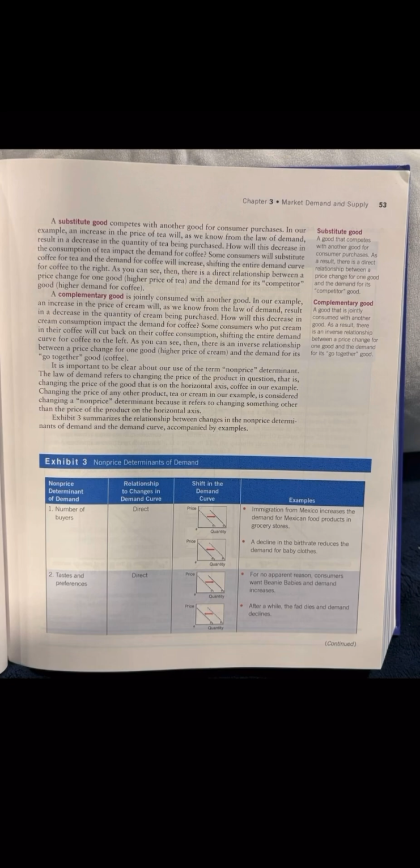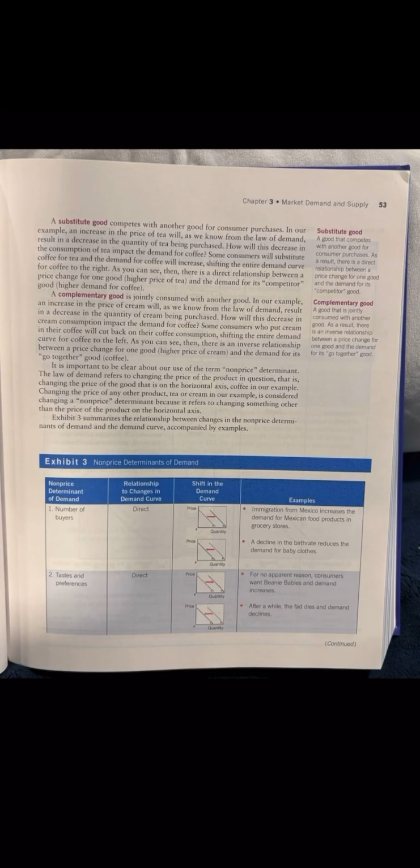How will this decrease in the consumption of tea impact the demand for coffee? Some consumers will substitute coffee for tea, and the demand for coffee will increase, shifting the entire demand curve for coffee to the right. As you can see, there is a direct relationship between a price change for one good, higher price of tea, and the demand for its competitor good, higher demand for coffee.